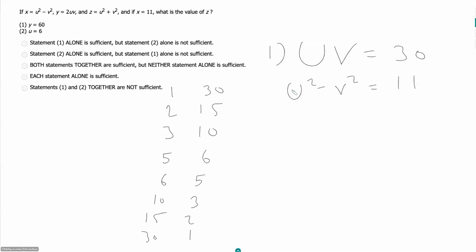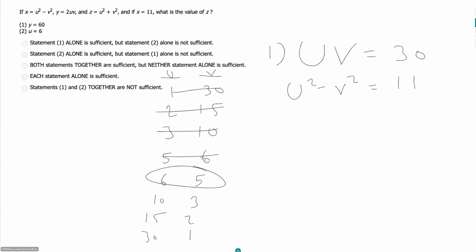So of these, what are the chances that if you subtract their squares, you get 11? None of these are going to work, because these are all going to give negative numbers.